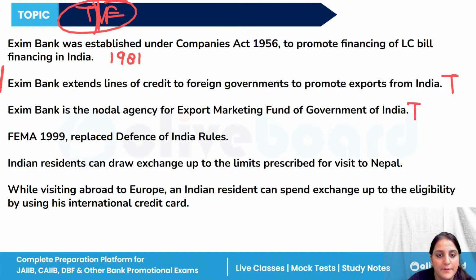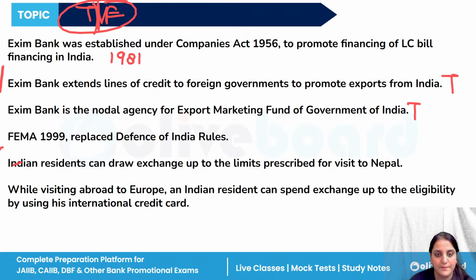Next, Indian residents can draw exchange up to the limits prescribed for visit to Nepal.